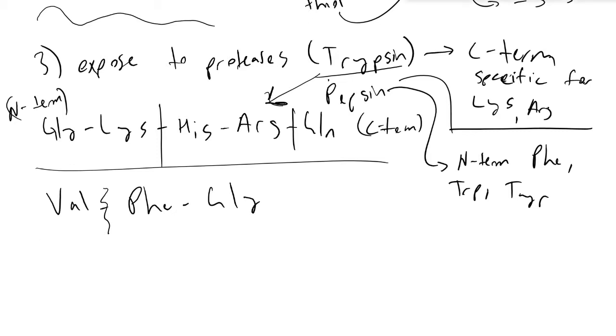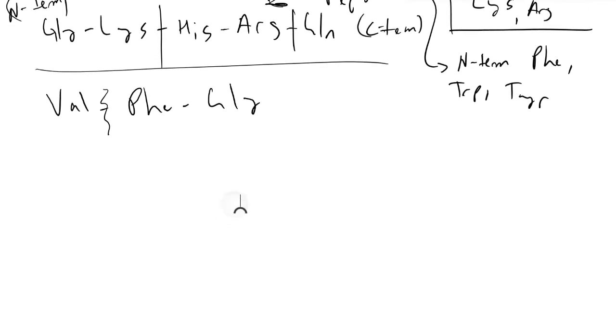And so what we end up with, after we have exposed our linear primary sequence of amino acids to proteases such as trypsin, is a bunch of different fragments, peptides of amino acids, in our solution. The next thing we do is separate these peptides.